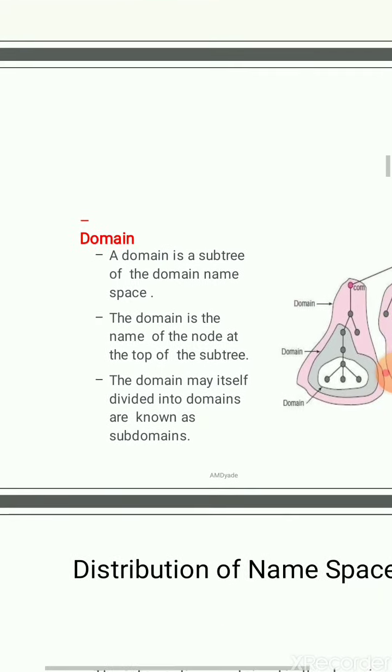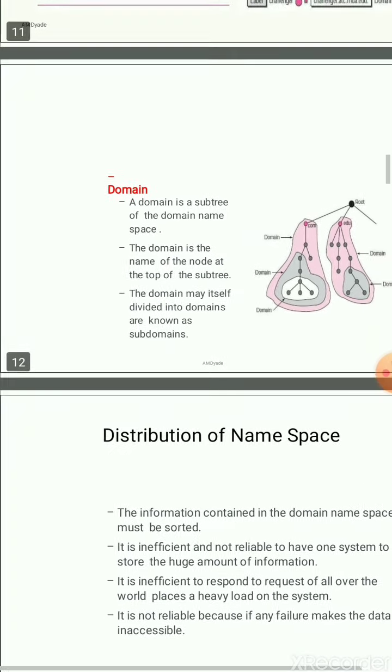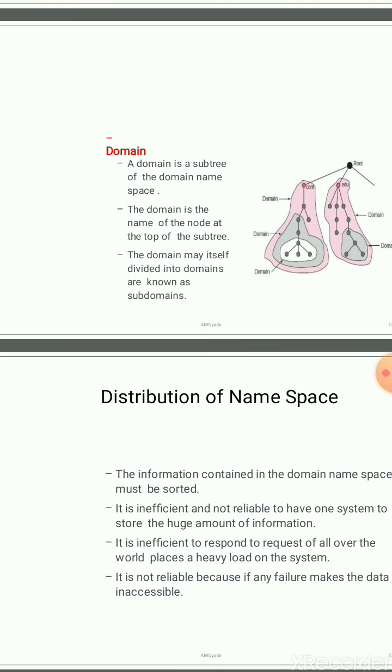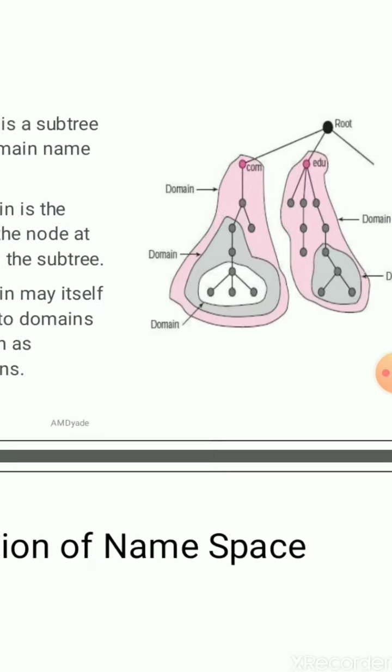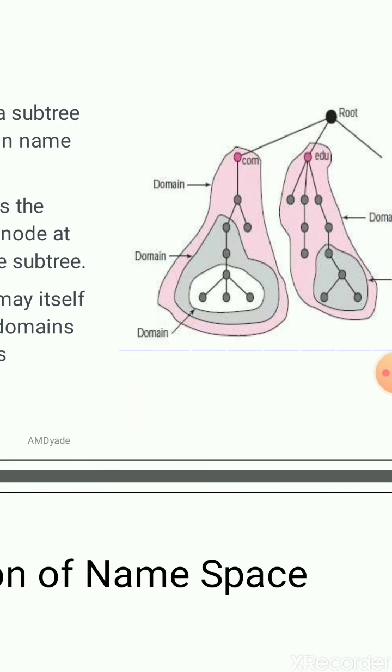Next, what is a domain? Already we said that it is a subtree, or sub part, of our domain namespace. Root is the main domain. After that, .com is a subdomain of root, and edu is a subdomain of root.